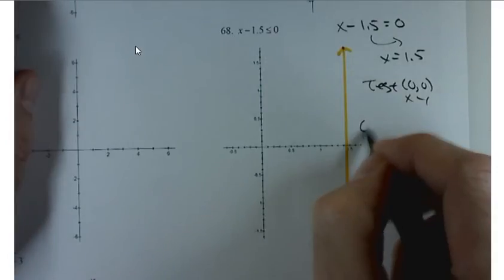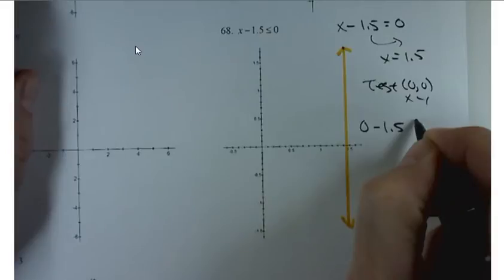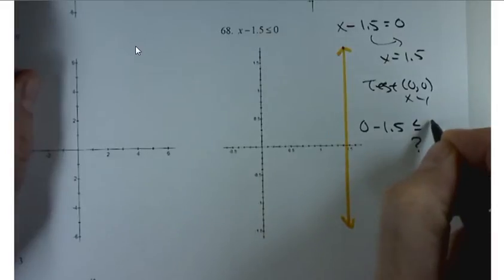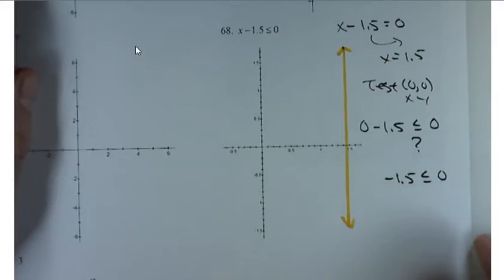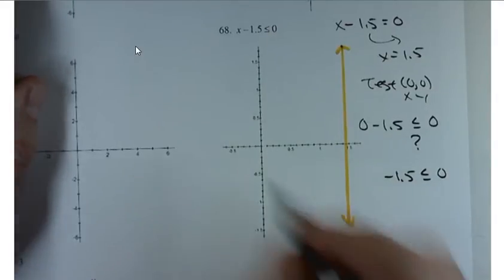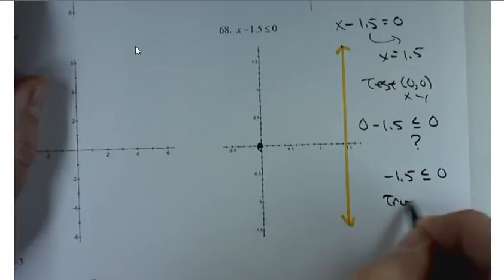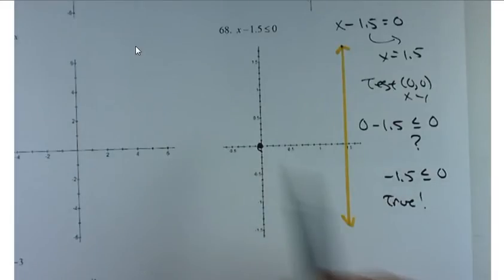That's okay. 0 minus 1.5. Is that less than or equal to 0? True or false? True. So am I going to shade to the right or to the left of this line? To the left.